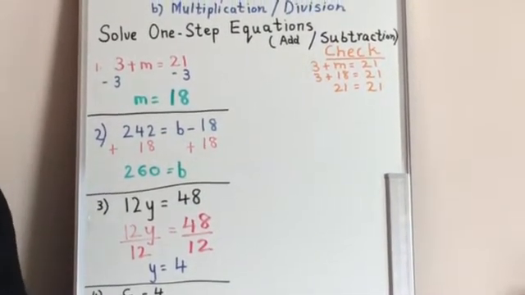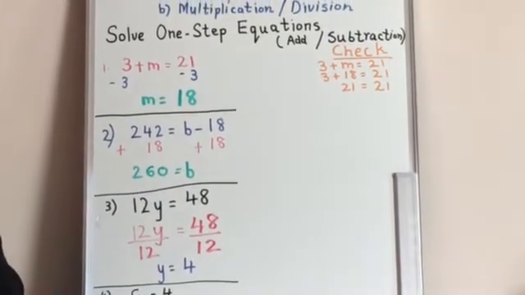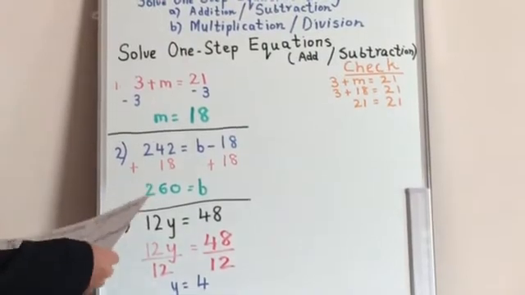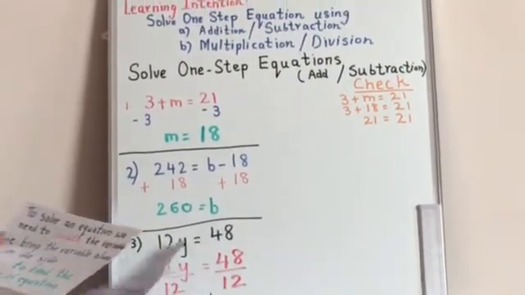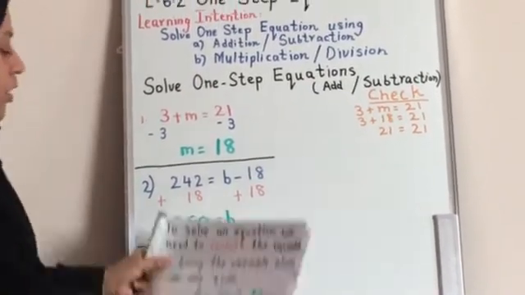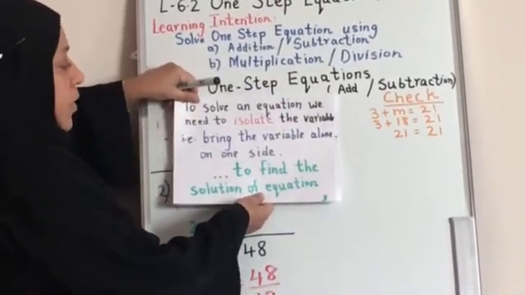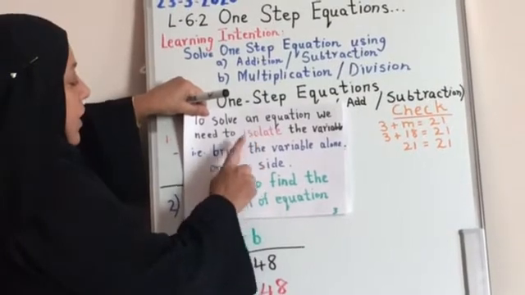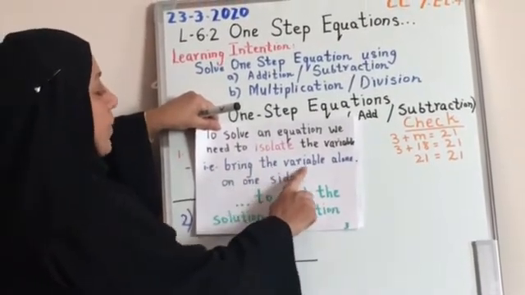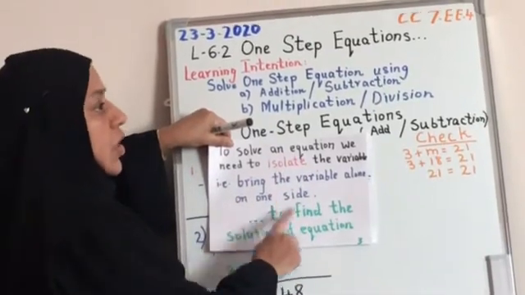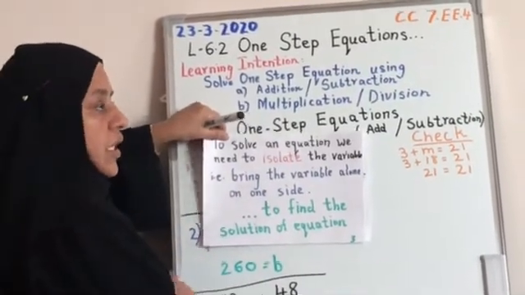To do this, you must isolate the variable. What does isolate mean? Bring the variable alone to one side. When you do this, you will be able to get the solution.